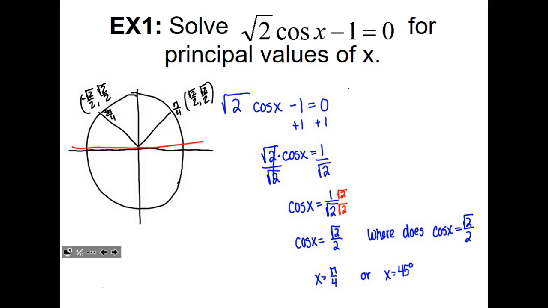I do not care, unless I specifically say find principal values of x in degrees. Unless I say that, I don't care which one you give me. Just make sure that, if you have degrees, you put the degree symbol with it. Now, there was another spot where this equals square root of 2 over 2. But that's not a principal value, so I'm not looking there. Okay, so I wouldn't use that as an answer.